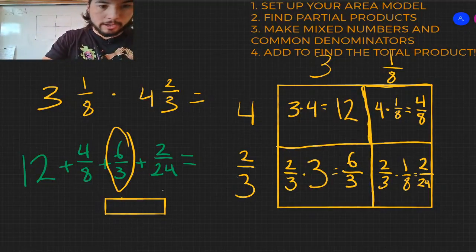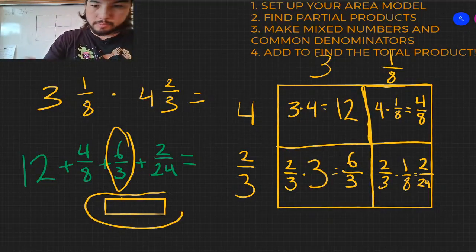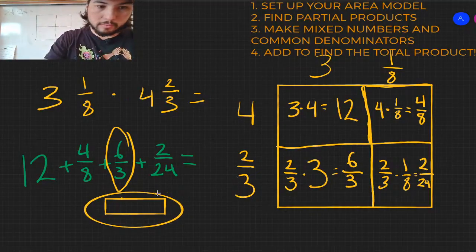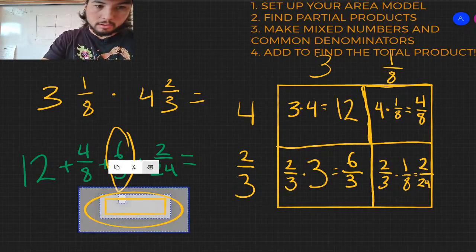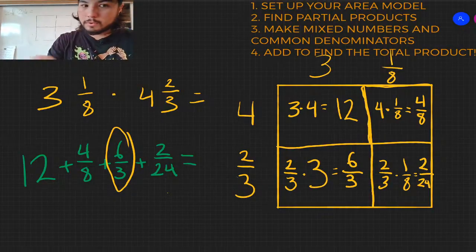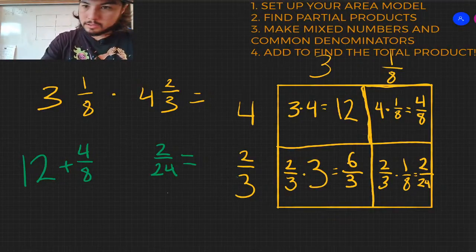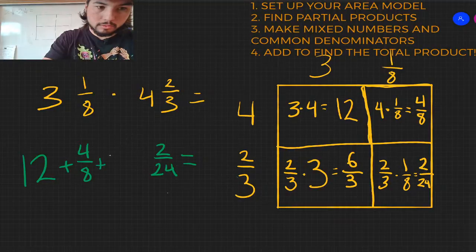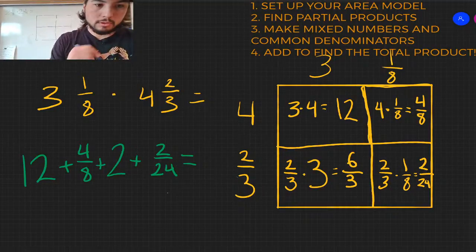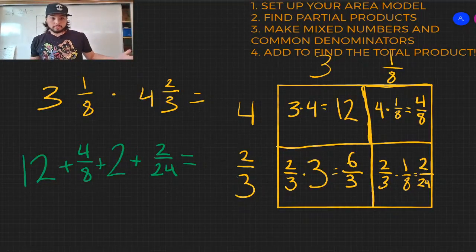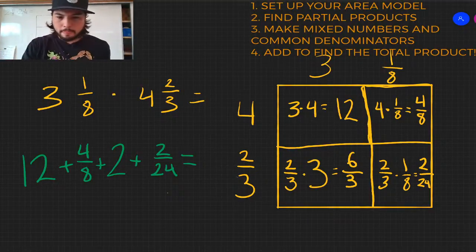And I'm a heck of a lot more comfortable with whole numbers than I am with fractions. So I'm just going to erase and replace this and make this 2. That's 1 less fraction I have to work with, right? Sweet. Okay, now, are there any other fractions I could make easier?